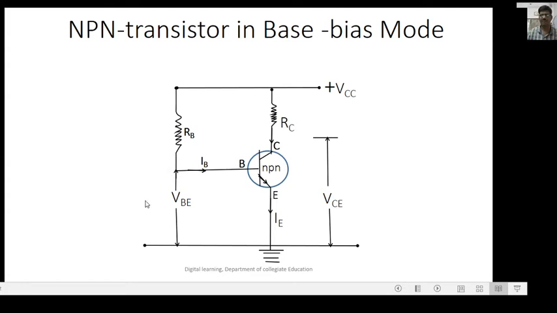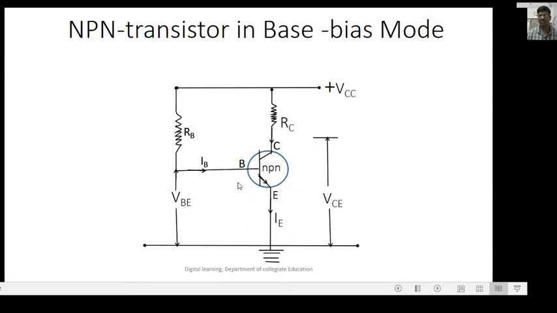Signals may be electrical signals, that is a voltage, the signal coming from a signal generator or function generator or audio oscillator. Here VBE is the voltage measured across base to emitter. So this is the input section and this is the output section.